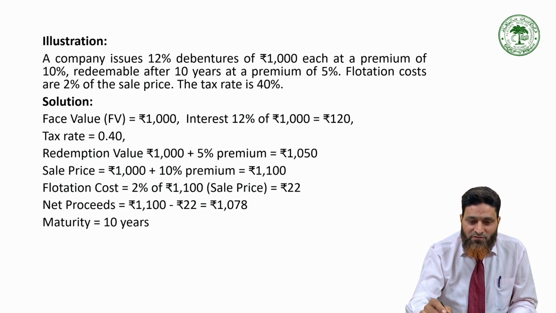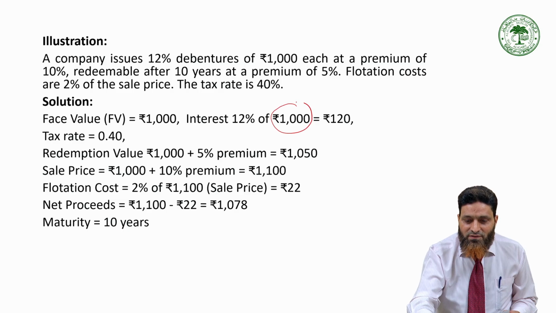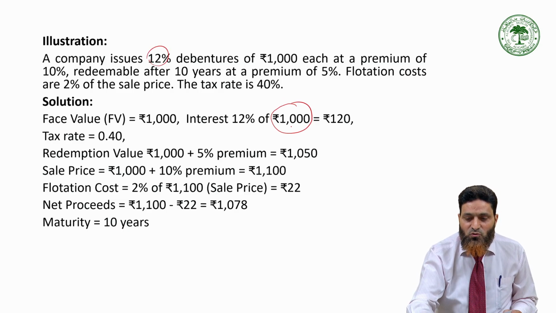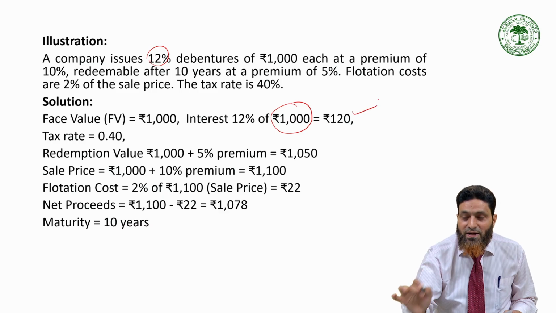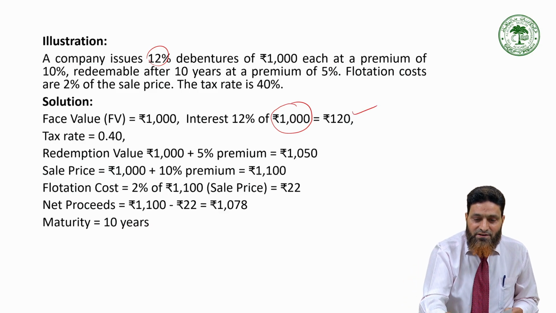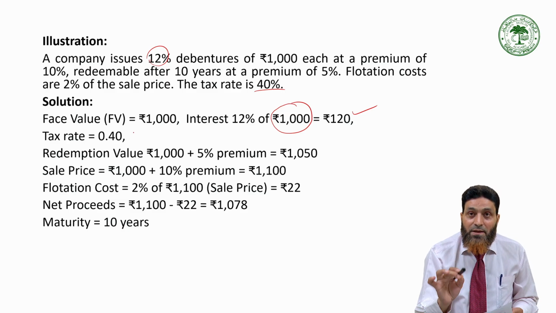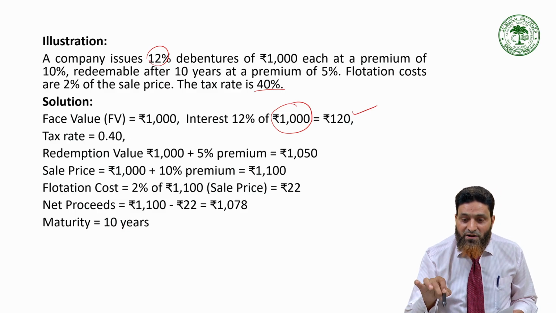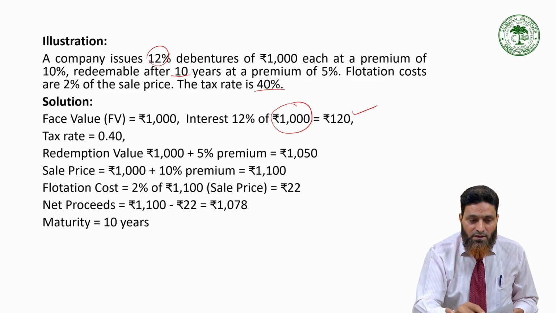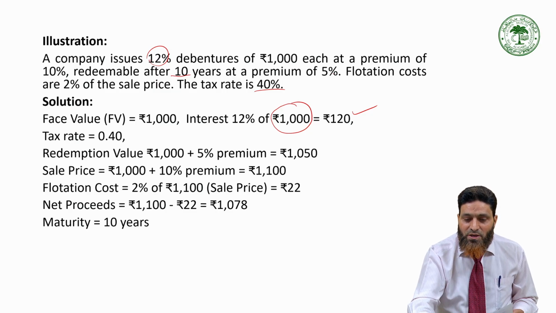So the price of one debenture is 1000. Interest payable is 12%. If you calculate 12% of this, it is 120, the annual interest payment. Tax rate is given as 40%. For the redemption value at the time of redemption after 10 years, it was redeemable at 5% premium.